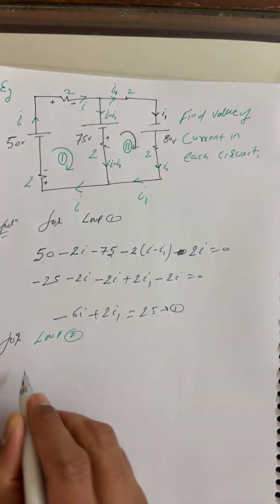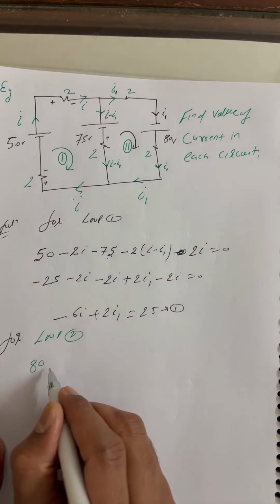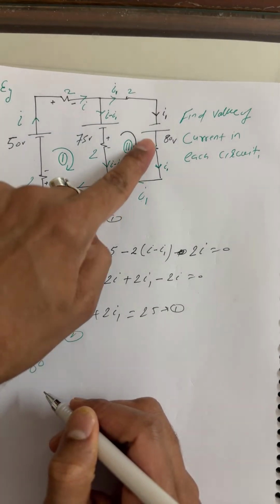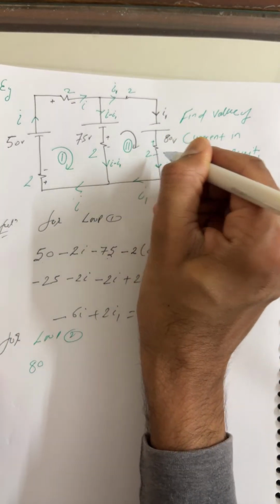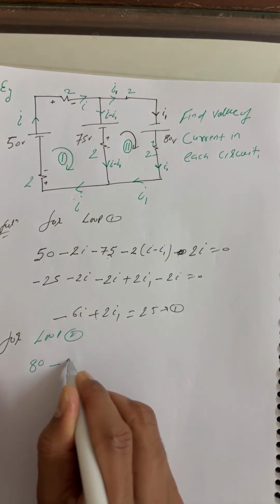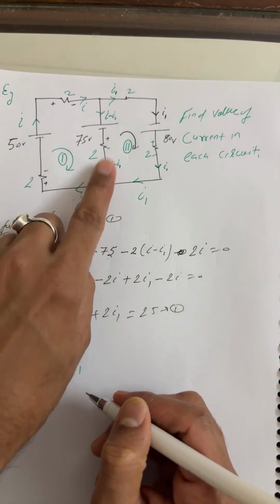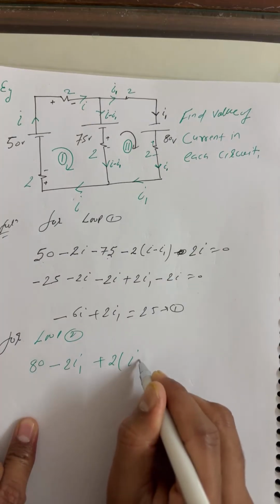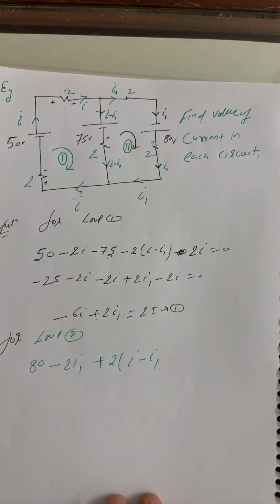Here you can take 80 volt. Minus 2 plus plus only now. Then minus 2 plus: this is plus, this is minus. So minus here, minus twice of I1. Then here minus a plus plus, this is plus, twice I minus I1.